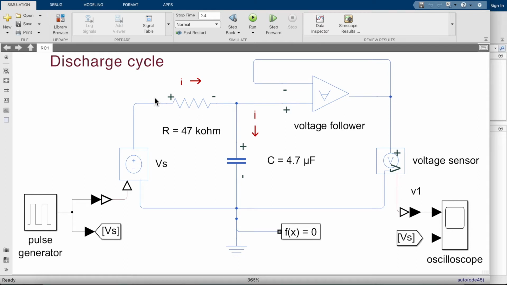And when the voltage is 0 on the left side of this resistor, the voltage at the right side will have built up to some significant voltage, and therefore the current I reverses and goes from right to left. And as it goes from right to left, because the arrow has been set going from left to right, the current I will take on a negative sign during the discharging period.